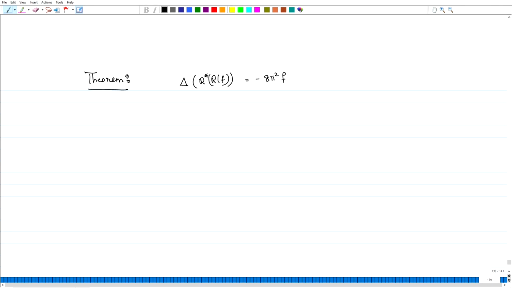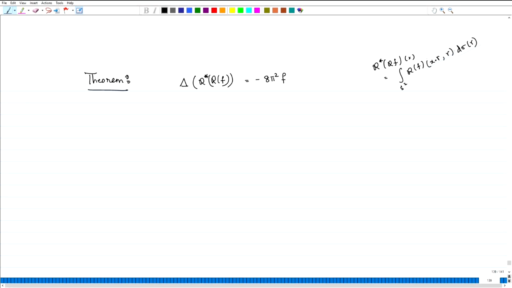So what it says is that if I have Rf, then I can define R star of Rf at x. This is equal to the integral over S^2 of Rf(x dot gamma, gamma) d sigma(gamma).